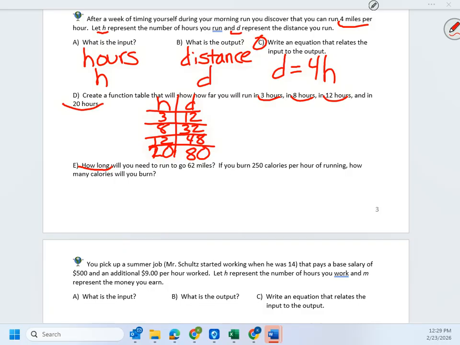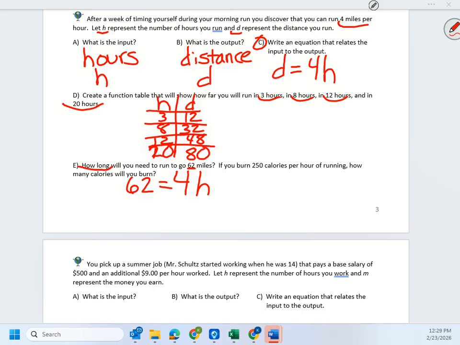So how do I do that math? 62 divided by 4. Why? Where am I gonna put this 62 in this equation? That's our distance, so I'm gonna put it in for the D, and that equals 4H. Now I have to do that one-step operation to solve for the H. So I have to do the opposite operation.